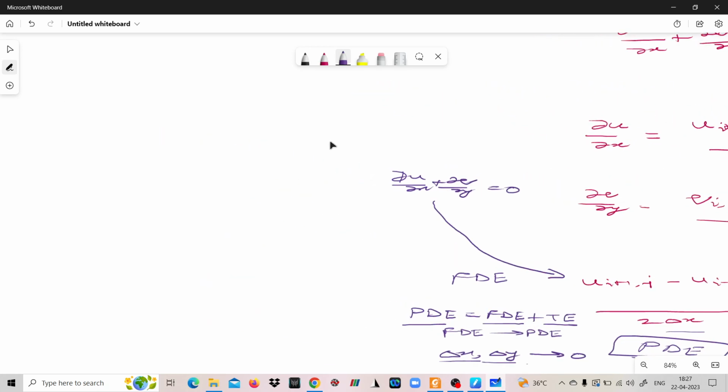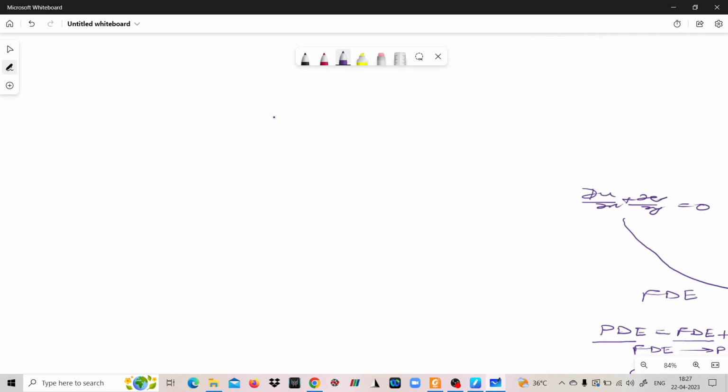See, an easy way of doing this is, your PDE is FDE plus truncation error, right? So it means that truncation error is equal to PDE minus FDE.